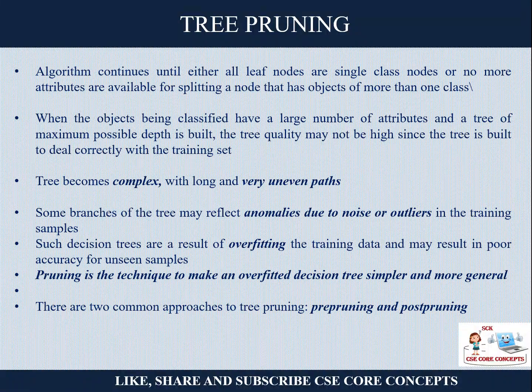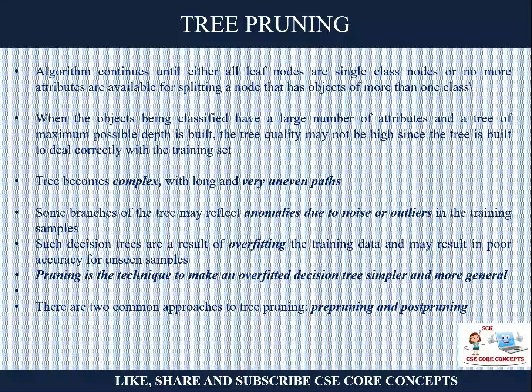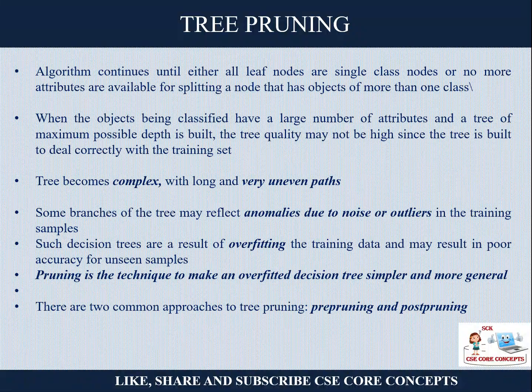So in these cases, when we have such complex trees which are not giving us good results, we have to cut the tree. We have to make the tree a little smaller, simpler, and general. General means it can accommodate many types of branches. This technique is called pruning.